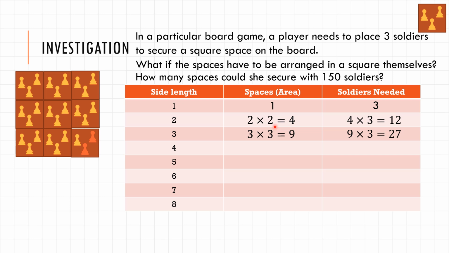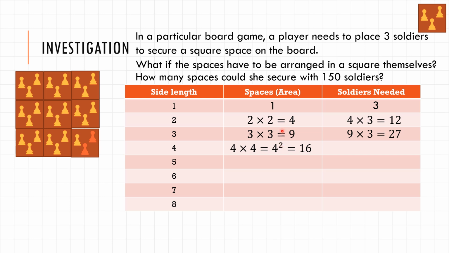When you multiply something by itself 2 times, that's the same thing as squaring it, taking the number to the power of 2. So if I want to find out the space or the area, the number of spaces to conquer, I need to just take the side length and multiply it by itself, or just square it.